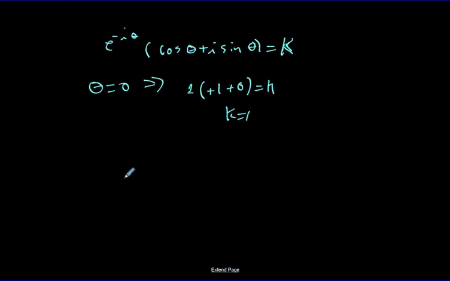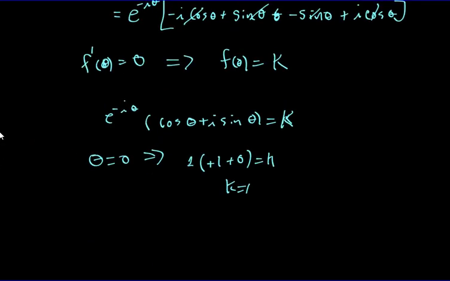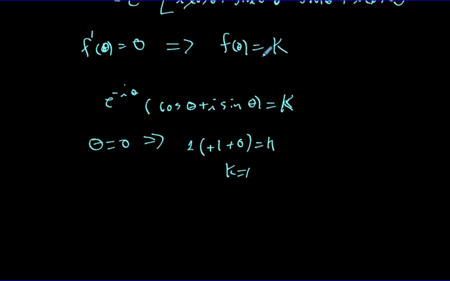So what does that mean? That means that f of θ, this guy right here, e^(-iθ) times the cosine of θ plus i sine of θ, is just equal to 1.